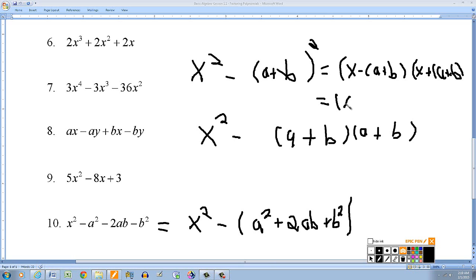Now in the second factor, since it's a plus sign, I can just remove the parentheses there. That'll be x plus a plus b. Okay, so the solution to the last one is (x minus a minus b) times (x plus a plus b).